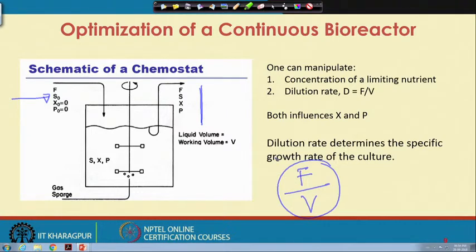So, dilution rate is a good handle to influence the outcome of the continuous bioreactor chemostat. So, in this lecture we will see how to determine the optimal dilution rate for a continuous bioreactor.